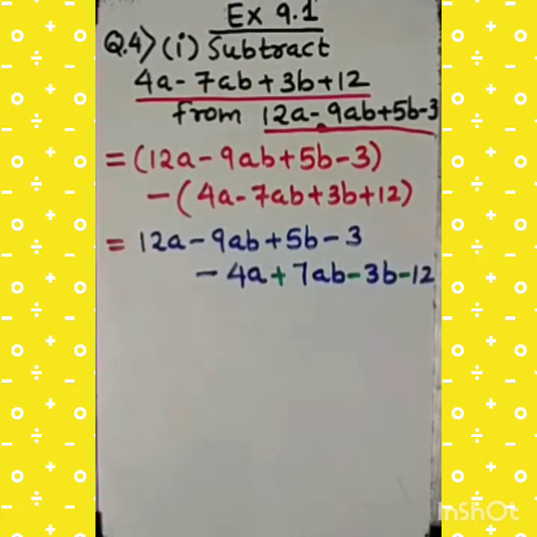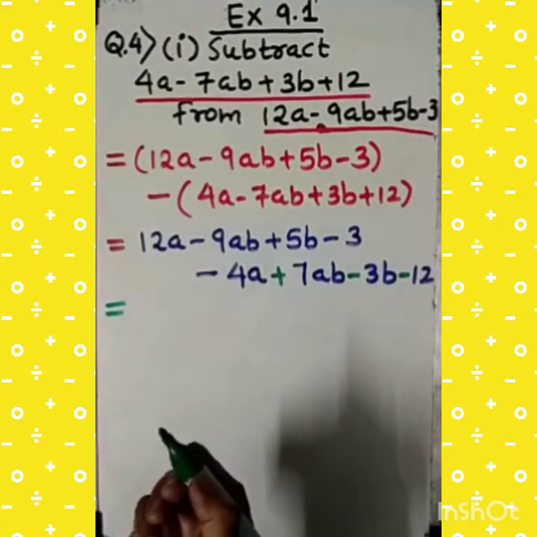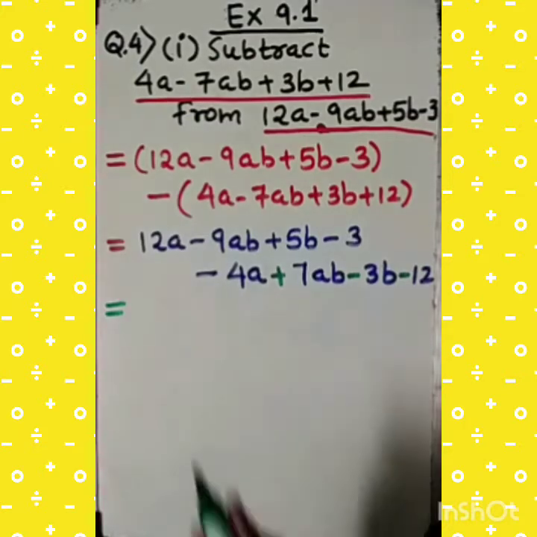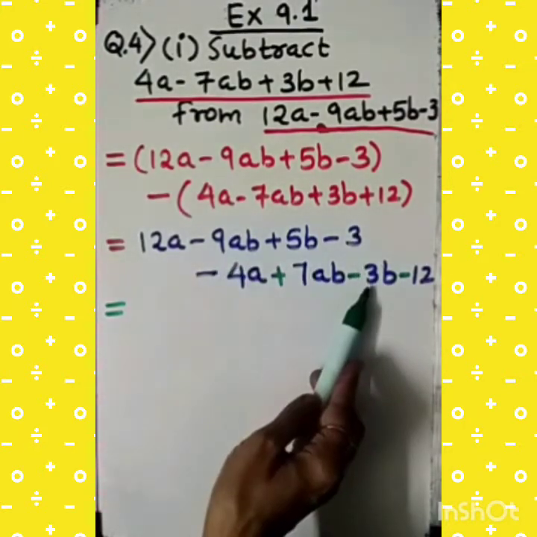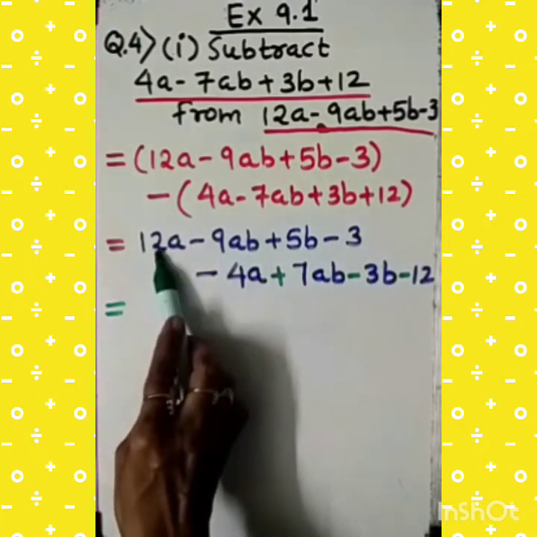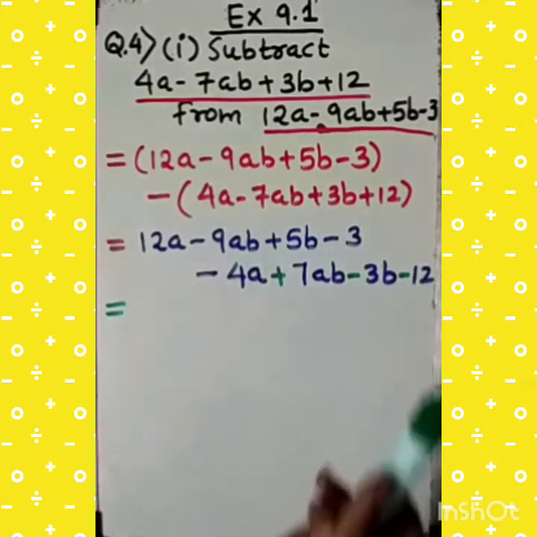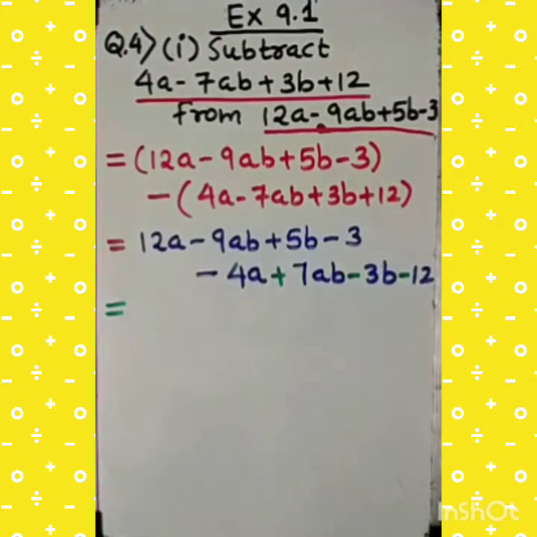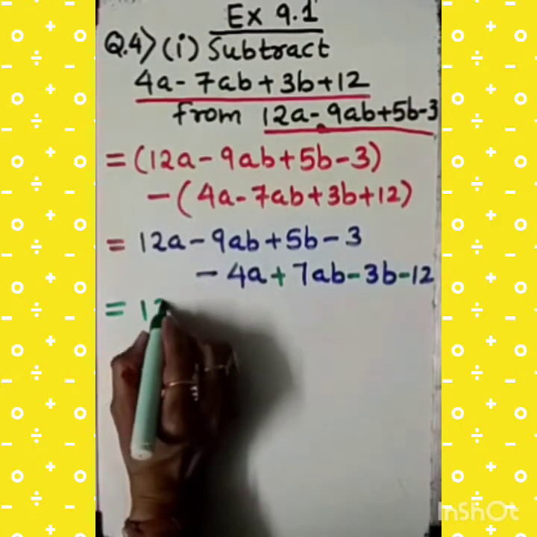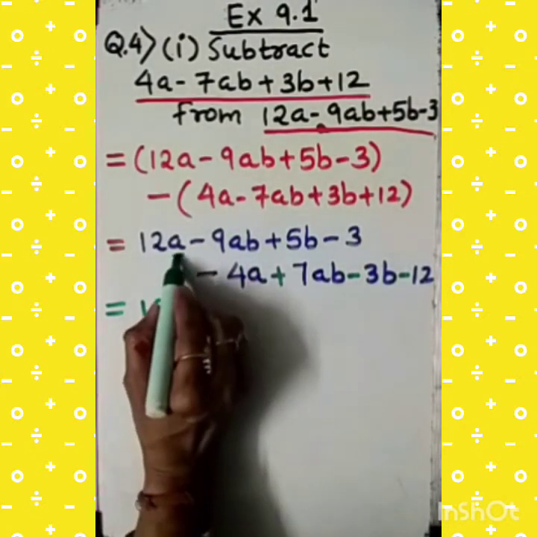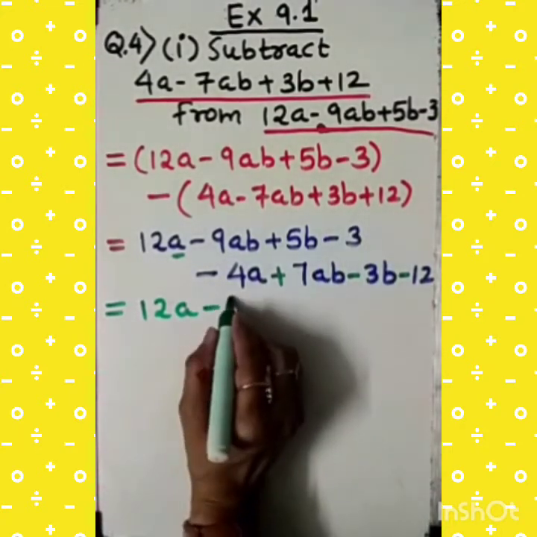Now, after this procedure, we need to put like terms together. So which are the like terms? In these two expressions, total how many terms? 1, 2, 3, 4, 5, 6, 7 and 8 terms are there. So let's see. 12a, and any other term with a? Minus 4a.